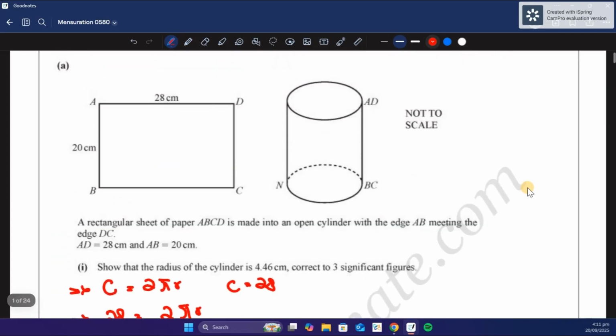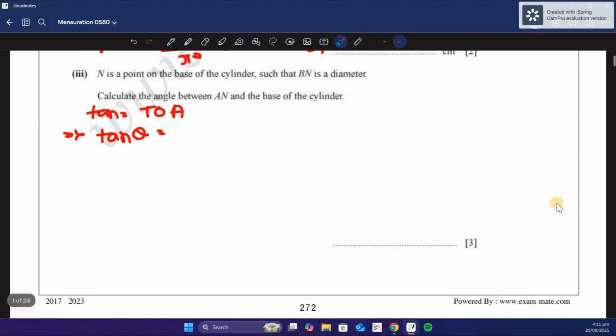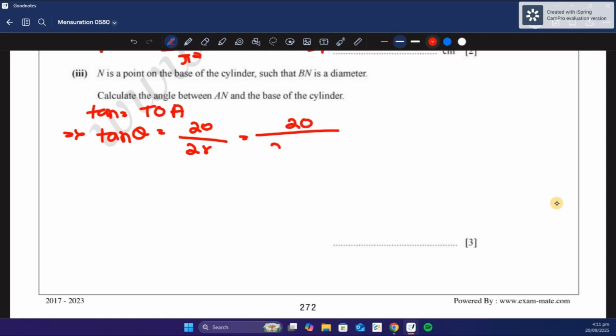Opposite is this and this is adjacent. That gives us 20, which is the height, over twice the radius, which is the diameter. This results in 20 over 2 times 4.456.